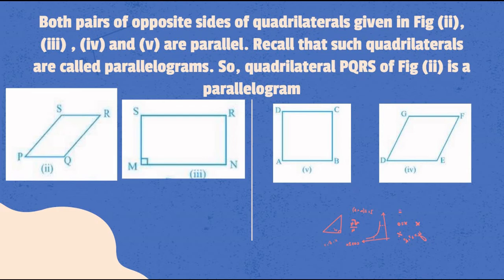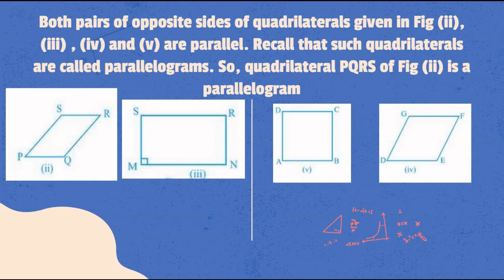The others are also parallelograms. We can be pretty sure about that, but we are going to call them by different names. They are all just twins, but we are going to name them differently to differentiate them very easily. So the second figure, quadrilateral PQRS, is a parallelogram.